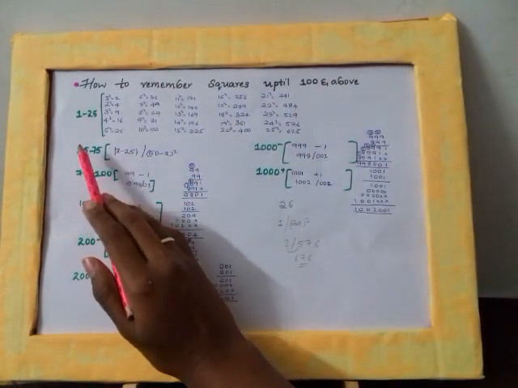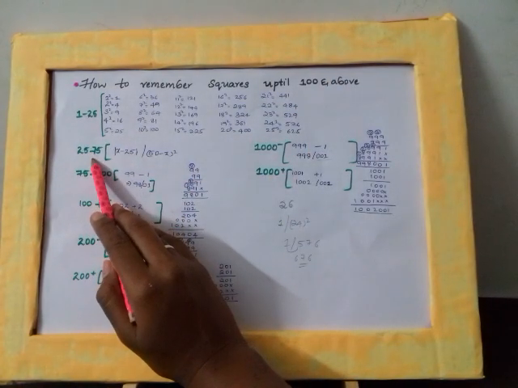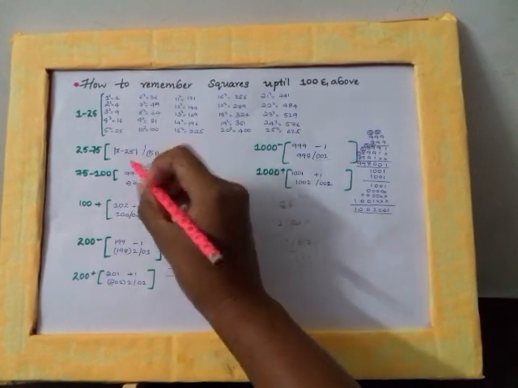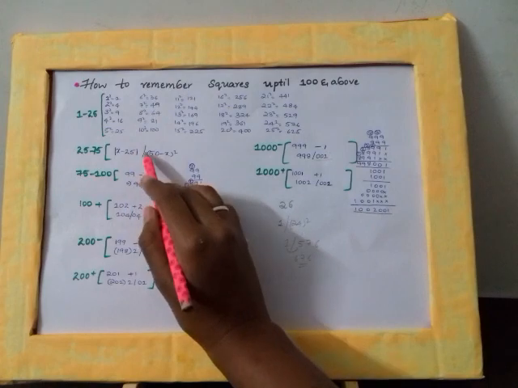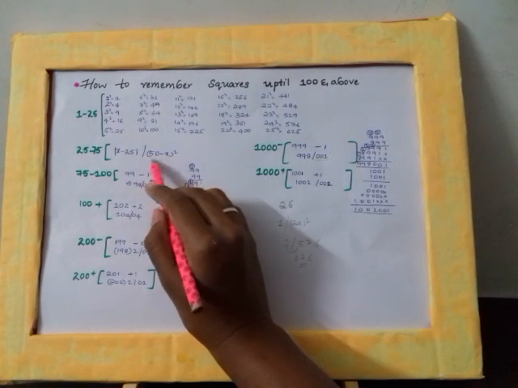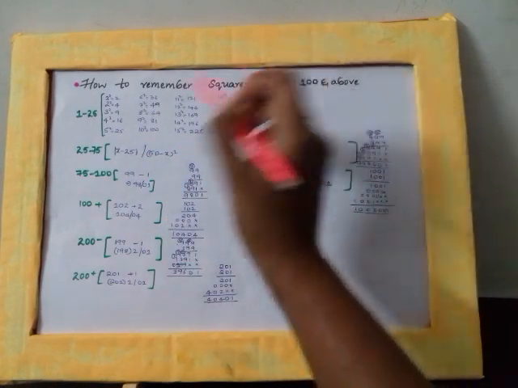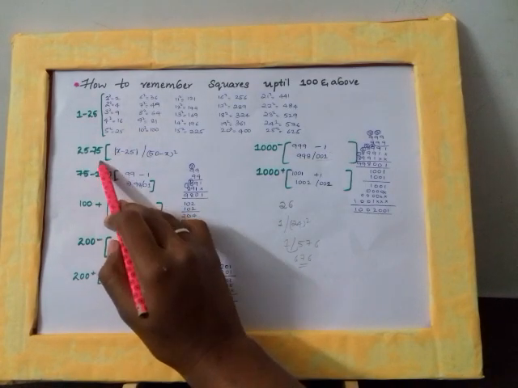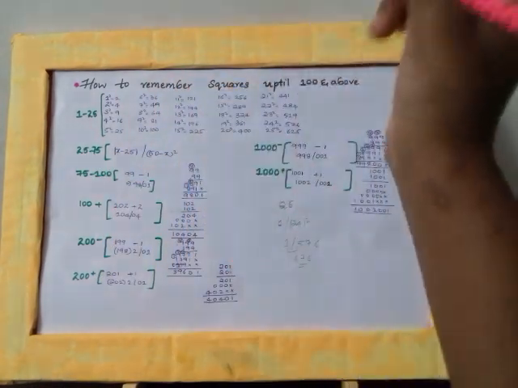How to determine the squares from 25 to 75. This logic of (x minus 25) slash (50 minus x) is taken from Vedic maths, where x represents the number between 25 and 75.